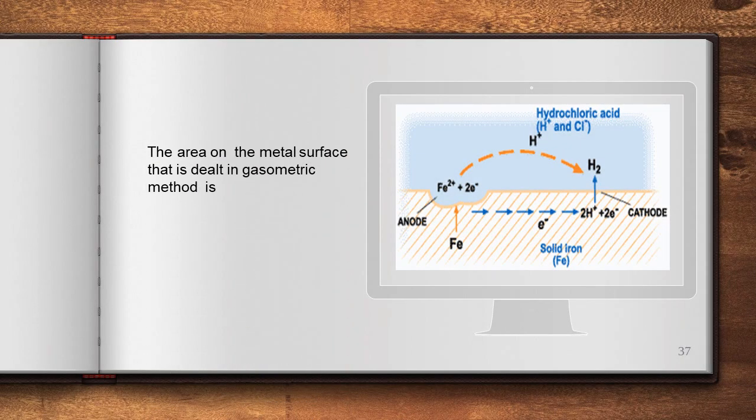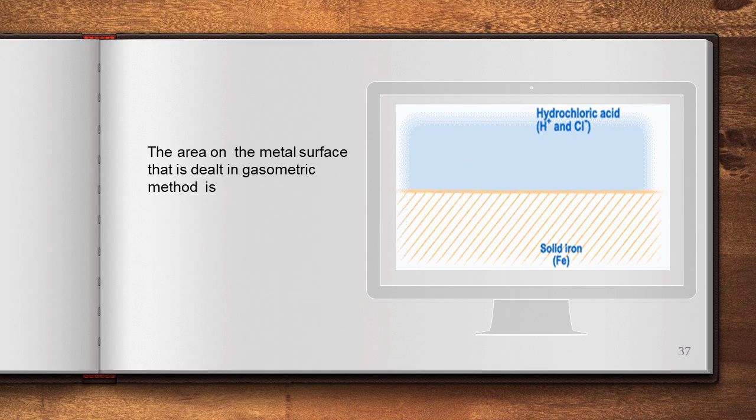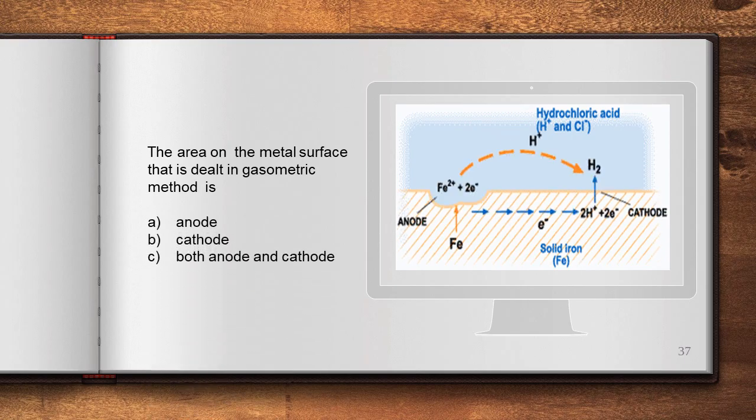The area on the metal surface that is dealt with in gasometric method is anode, cathode, or both anode and cathode. We know that in a corrosion process, both anodic and cathodic reactions take place.